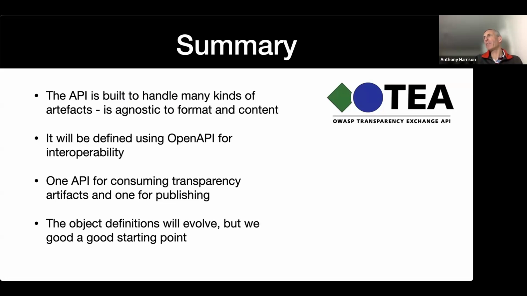But we recognize that this is going to evolve, so we've got to make sure we can have an extensible API and set of definitions. At the moment, we've got a good starting point. As we get closer to more implementations, we'll probably find, as always, some improvements. I think that's the last slide, Olle.